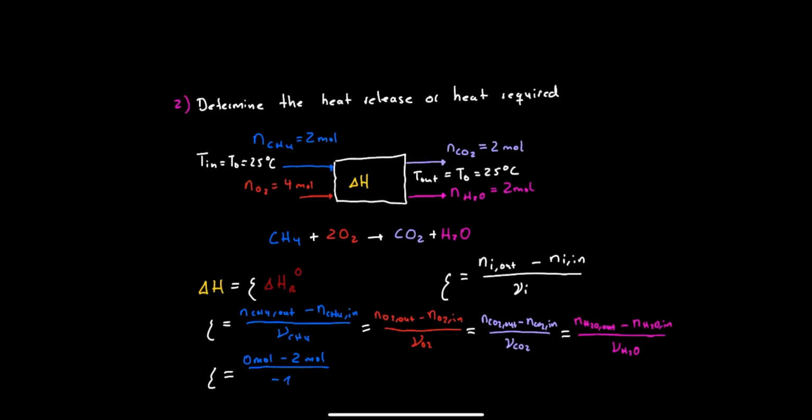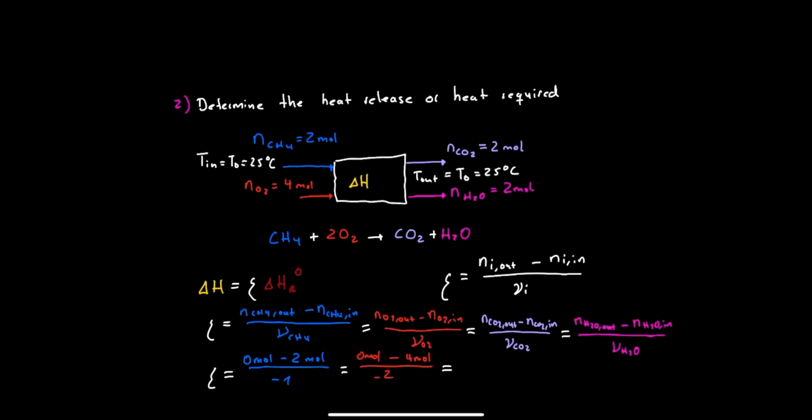This should be equal to the molar amount of O2 leaving our system, which is 0, minus the molar amount of O2 entering our system, which is 4 mole, divided by its stoichiometric coefficient, which is -2, should be equal.